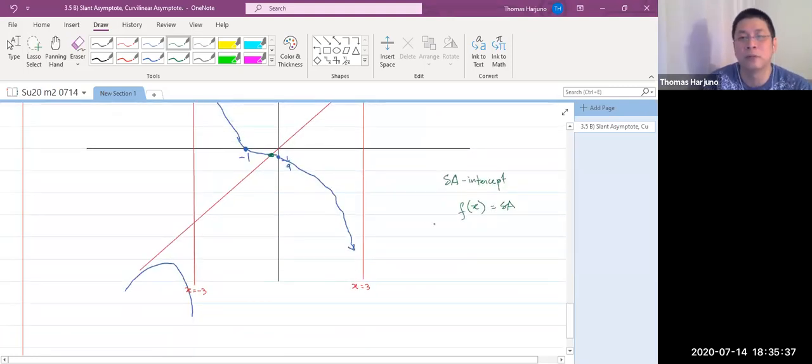The function f(x) is (x cubed plus 1) over (x squared minus 9). The slant asymptote is x. So I get x cubed plus 1 equals x cubed minus 9x.